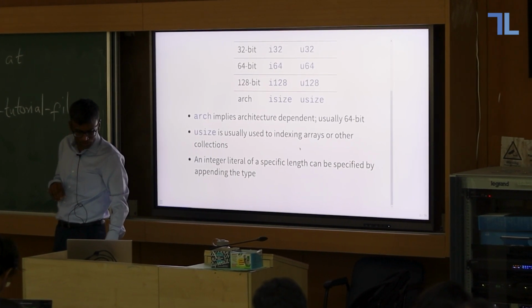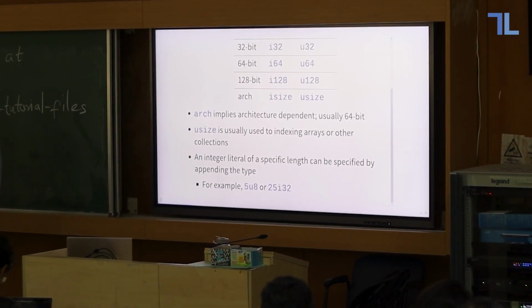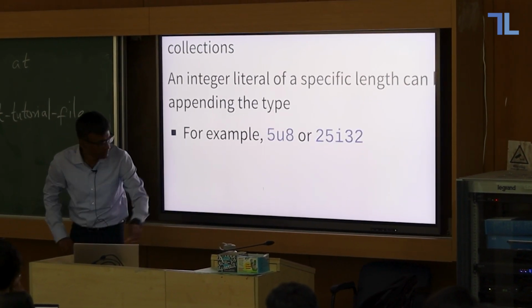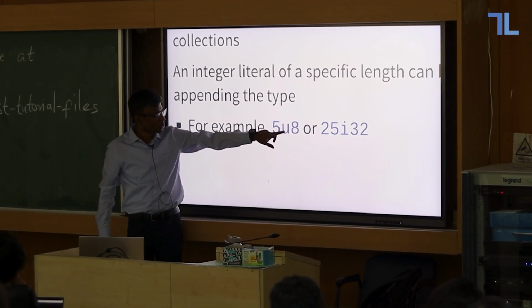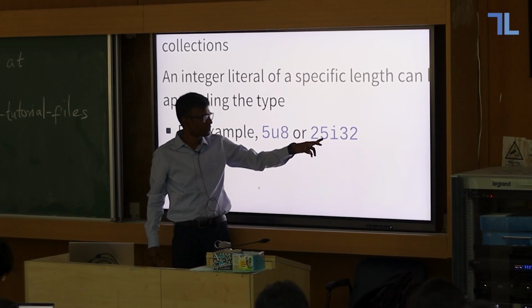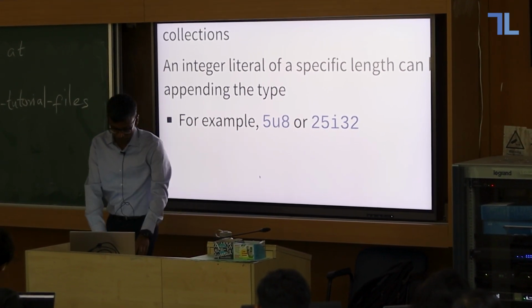And as I showed, an integer literal, literal is basically a constant, you can specify by adding the constant followed by the type. U8 means that this is an 8-bit unsigned integer. 25 followed by I32 means it's a 32-bit signed integer, and so on.